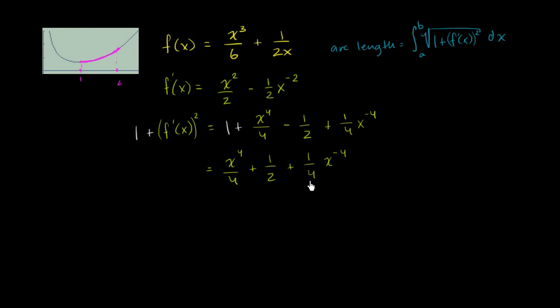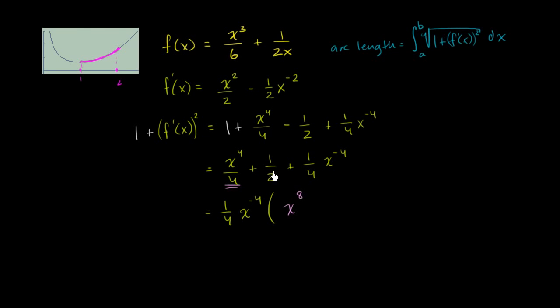So let's factor out a 1/4 x to the negative 4th power. So this is going to be equal to 1/4 x to the negative 4 times, so let's see, I factored that out. If you factor 1/4 x to the negative 4th out of this first term, this first term is going to be x to the 8th power.